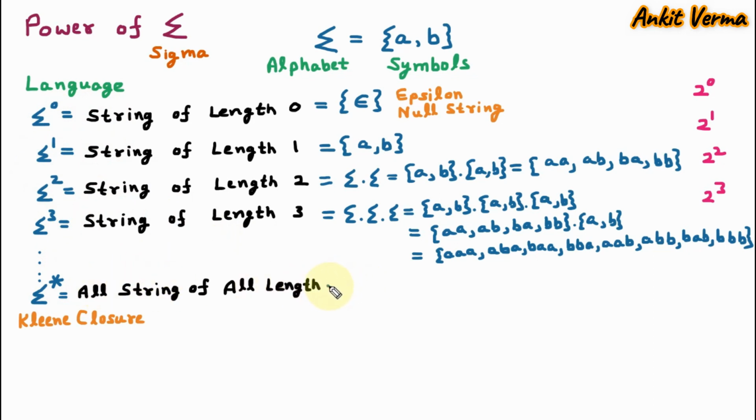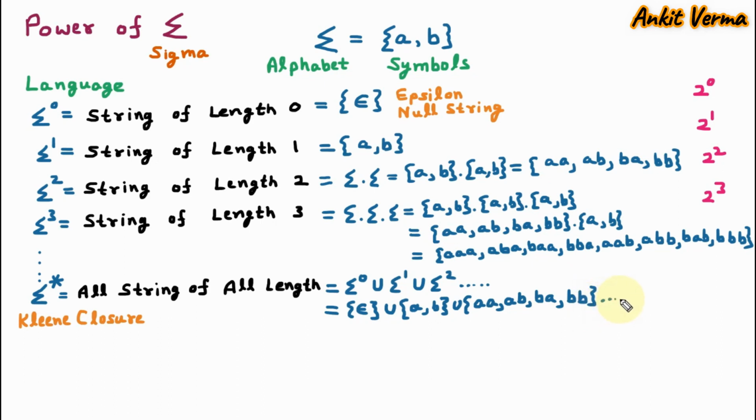We can say that it is equal to sigma 0 union sigma 1 union sigma 2 and so on. That will be equal to the set having epsilon, union the set having a, b, union the set having aa, ab, ba and bb, and so on.